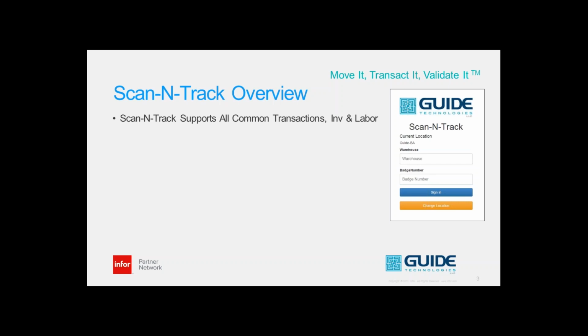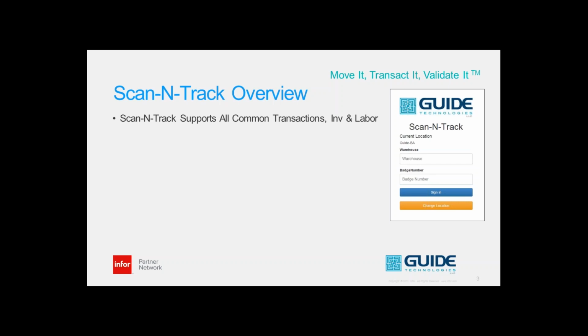So the idea is from a mobile front end, from a barcode scanner or some kind of mobile device, you can conduct transactions at the point that the transaction is actually happening, and not write things down and later do it back on some terminal. That's the overarching idea of Scan and Track.